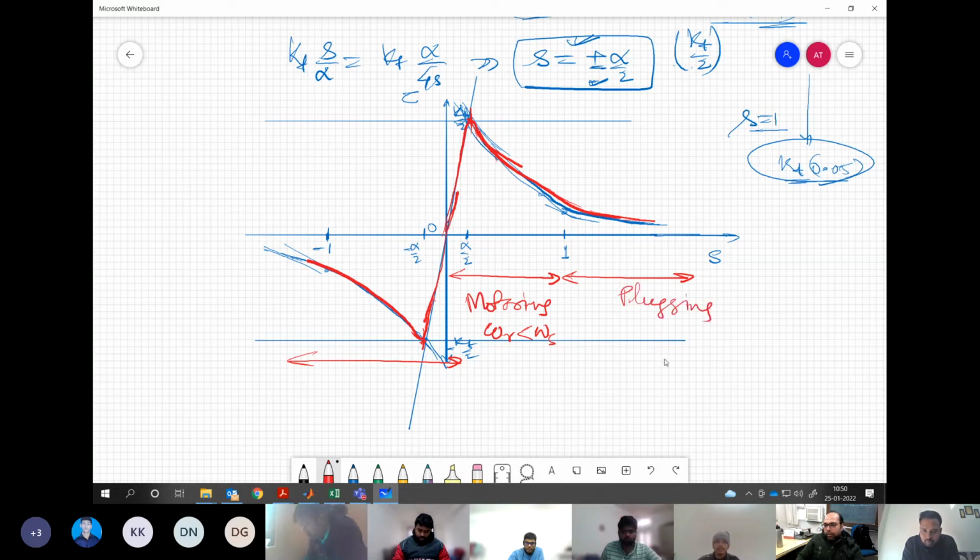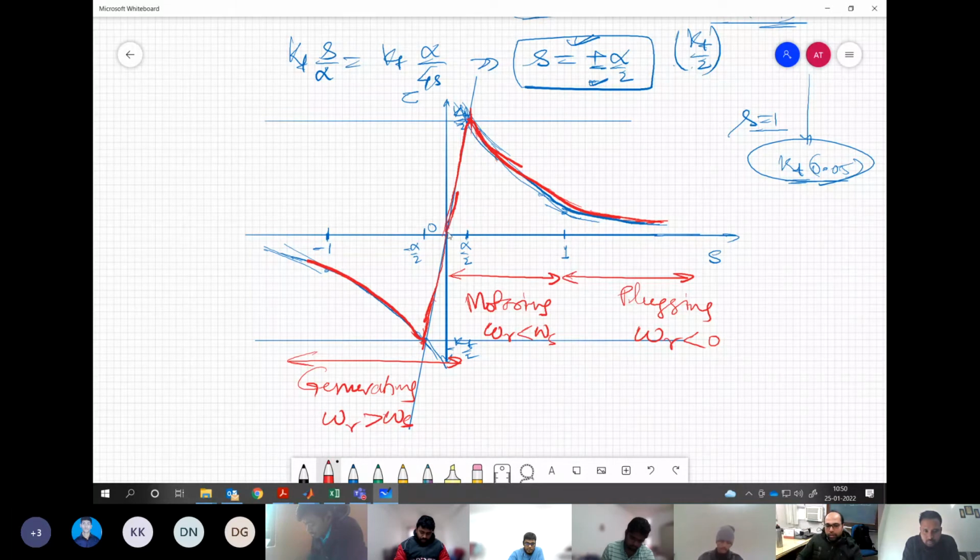Plugging means suddenly you have reversed the terminals. So your omega r becomes negative with respect to the synchronous speed. So this slip has gone more than 1. And then the slip negative is basically the generating mode, and which is where we have omega r greater than omega s. Correct?